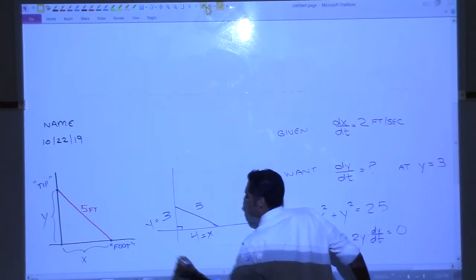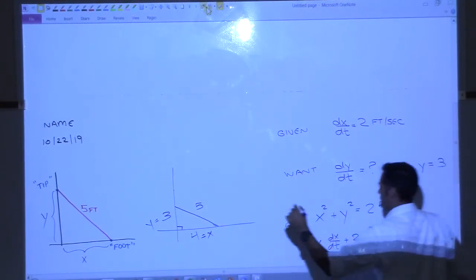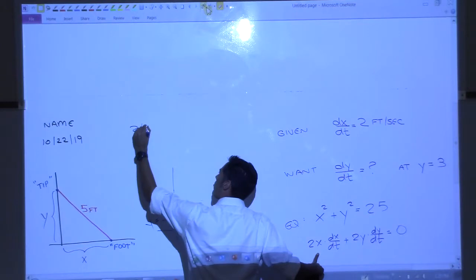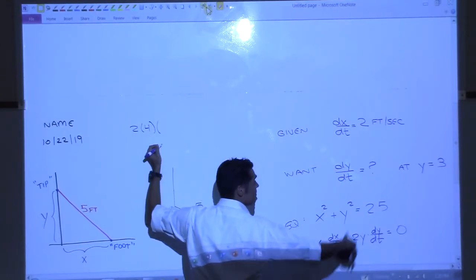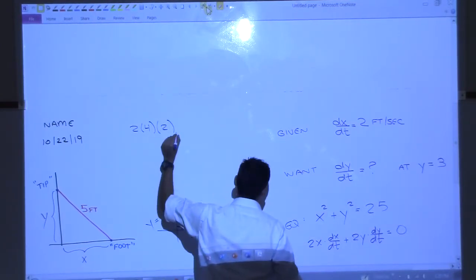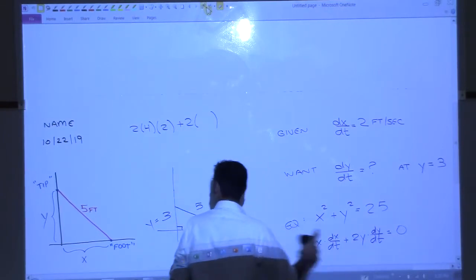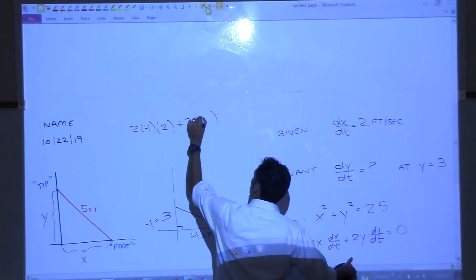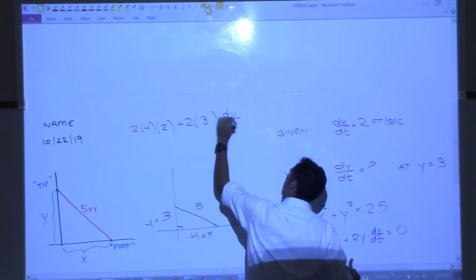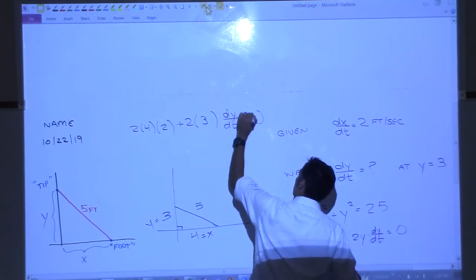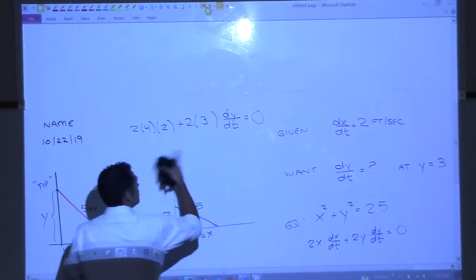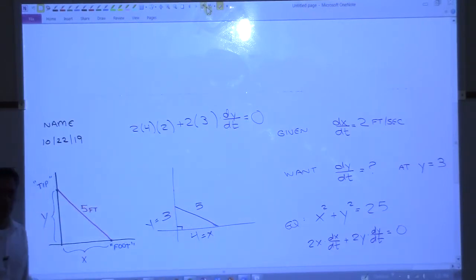So that becomes 2 times 4, times dx/dt, which I'm given as 2, plus 2 times y, which at the moment in time is 3, times dy/dt, which is what I'm solving for, equals 0. Then you can just solve that for dy/dt.